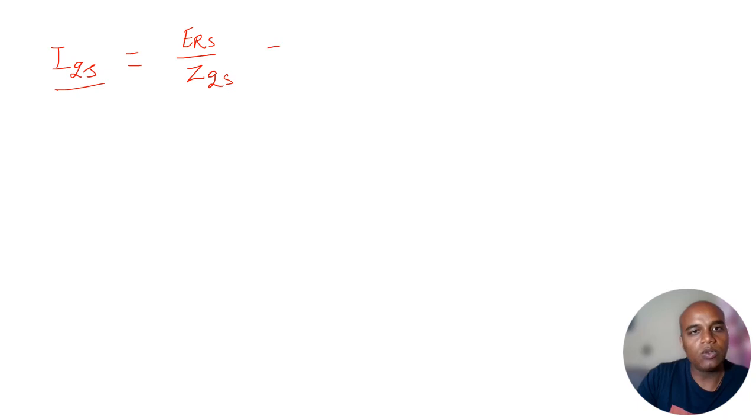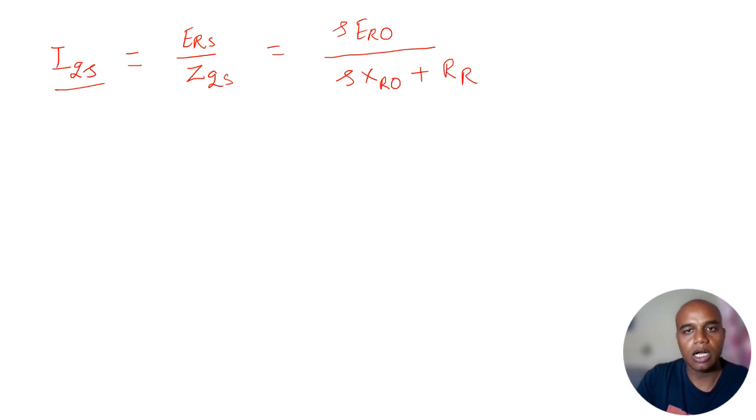Putting in this value, we have seen that ER, the EMF of the rotor, equals S times the standstill EMF of my rotor. Similarly, Z2S becomes equal to the square root of the sum of squares of S times XR naught, the standstill reactance times slip, and RR. RR here is the rotor resistance which we have taken in our previous electrical circuit diagram.